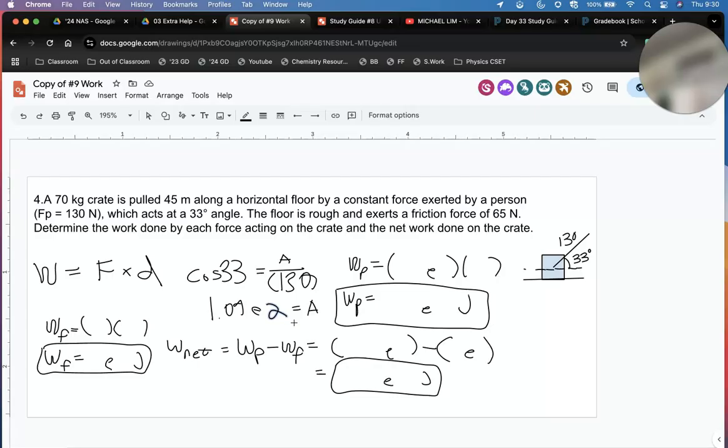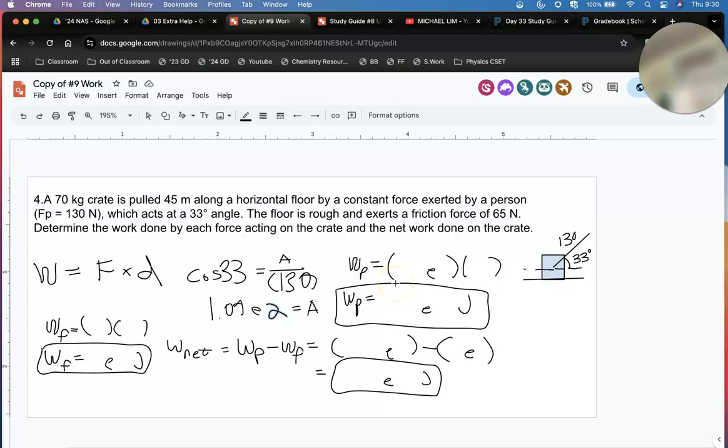Who cares about the force moving up? Because the box stays on the ground. Now we're going to put this into our work formula, multiply it by distance, and this gives us the work the person's doing. Remember, work is only if the object's moving. If the object's stuck, it doesn't matter how tired the person gets. In physics, it doesn't count as work.